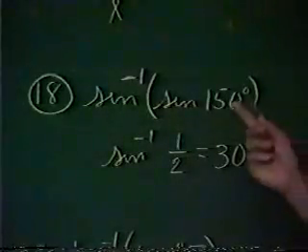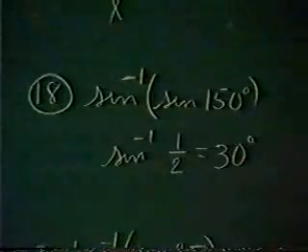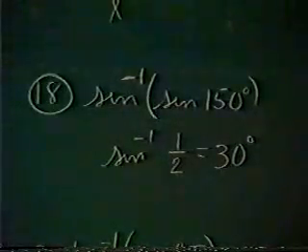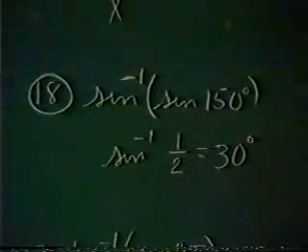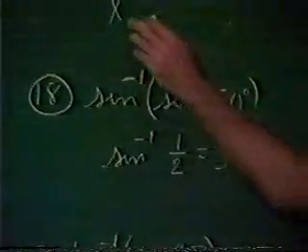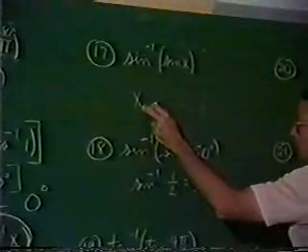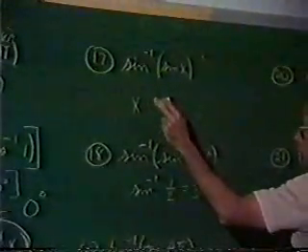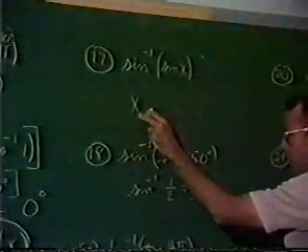So wait a minute, that's not necessarily true, is it? Okay. It's not necessarily true. But yet it is. It is and it isn't. In terms of, let's go back to this problem up here. In terms of drawing the triangle, it is equal to itself or its related angle.